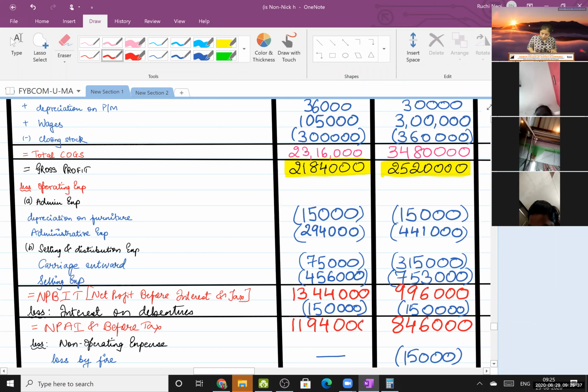Okay. So this is my net profit after interest but before taxes. Okay. सब लिखना है ना. Yes. Net profit after interest and before taxes.